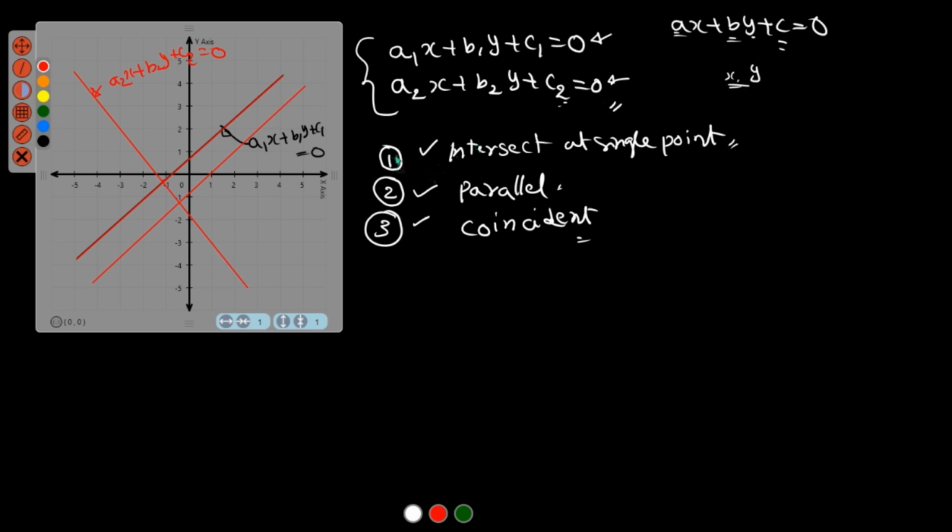We need to check that for these three options. When intersecting at a single point, this is the second line, this is the first line, and it intersects at one point here. Then this point satisfies this line as well as this line, so it has one common solution.